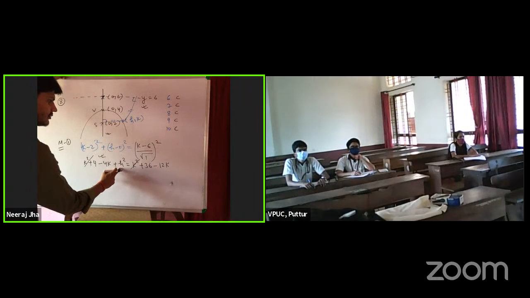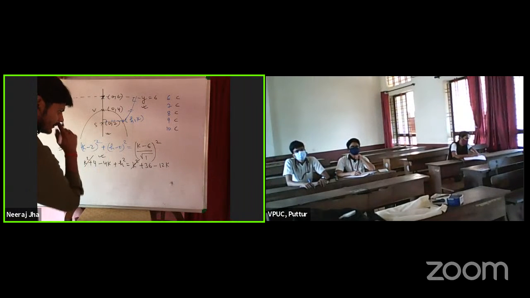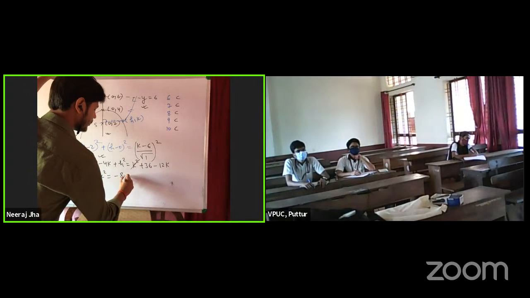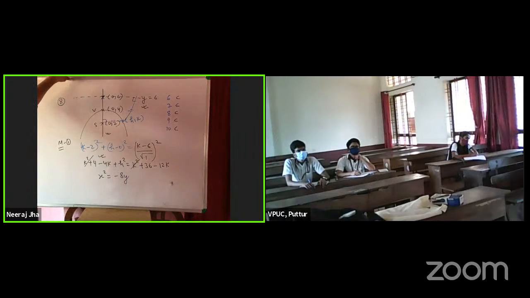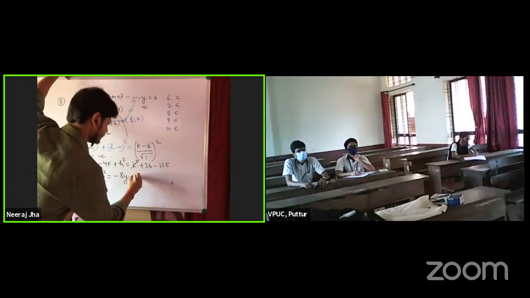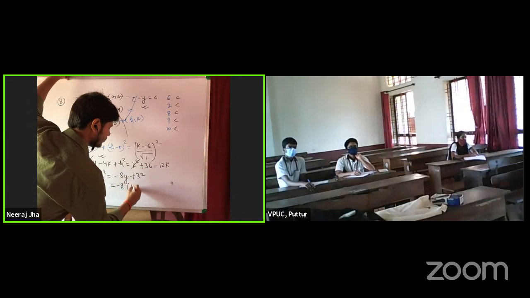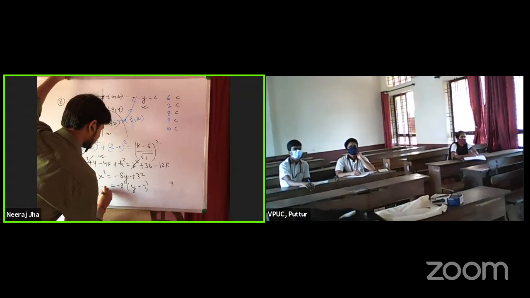k square cancelled. So this will be something like this. x square is equal to minus 8y, replacing k with y, minus 8y plus 32, which means minus 8 times y minus 4 is equal to x square.